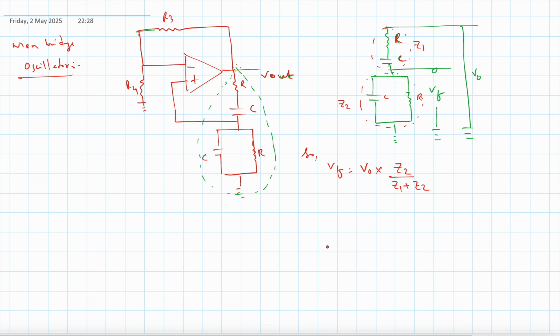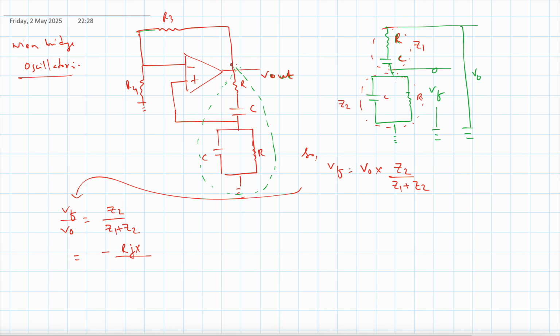Yes, then VF by V naught is equal to Z2 by Z1 plus Z2. Then this Z2 is R minus JX.